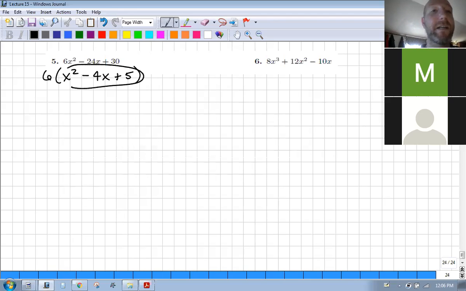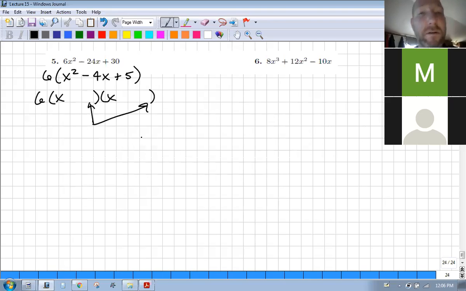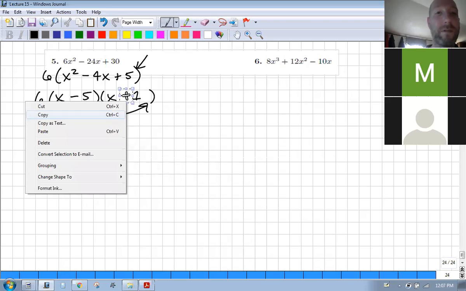What about this guy here? We should be able to break it up into 2 pieces, right? Since we have an x squared, we need an x and an x. For here and here, we need 2 numbers that multiply to give us 5, but that add to give us -4. So what if we did a -5 and a +1?